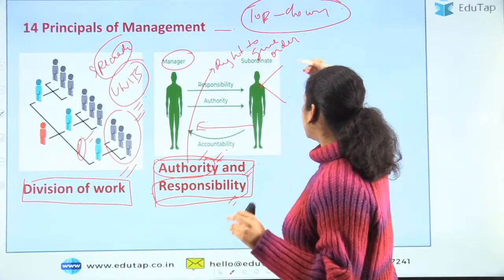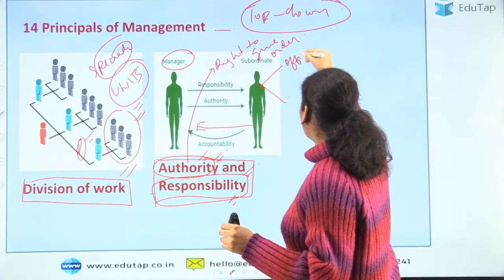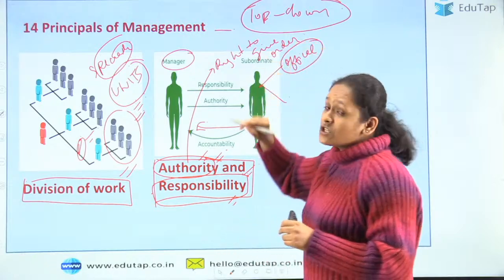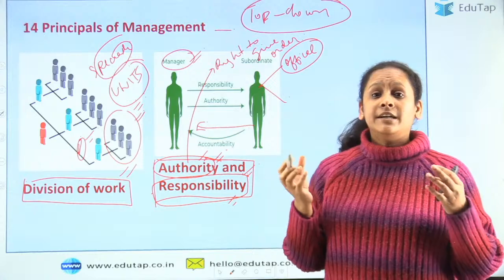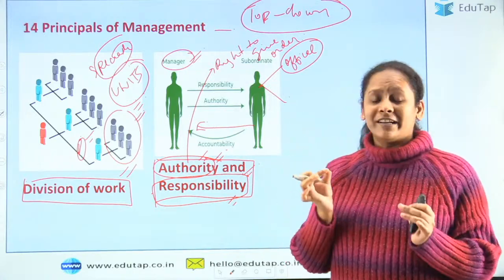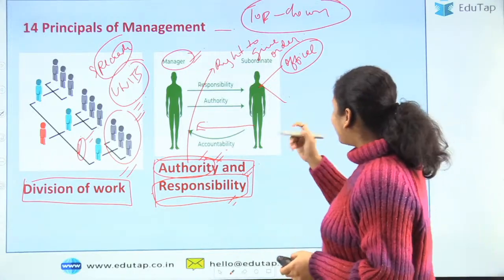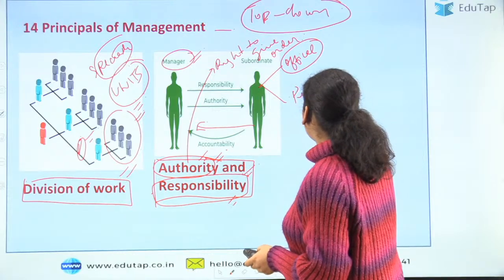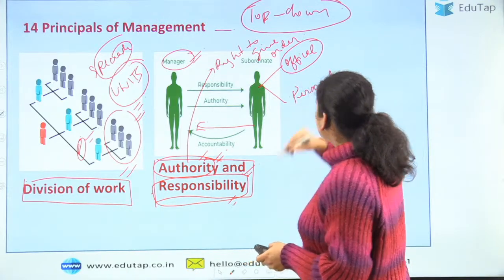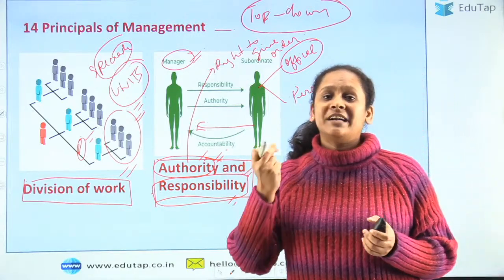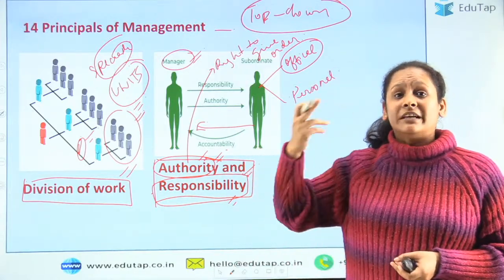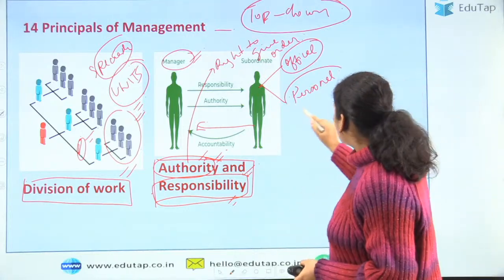Firstly, there is official authority. When I say official authority, I simply mean that the manager has the right to direct or command his subordinates to carry out the task. Secondly, there is personal authority. Personal authority you can understand as something which comes from within.